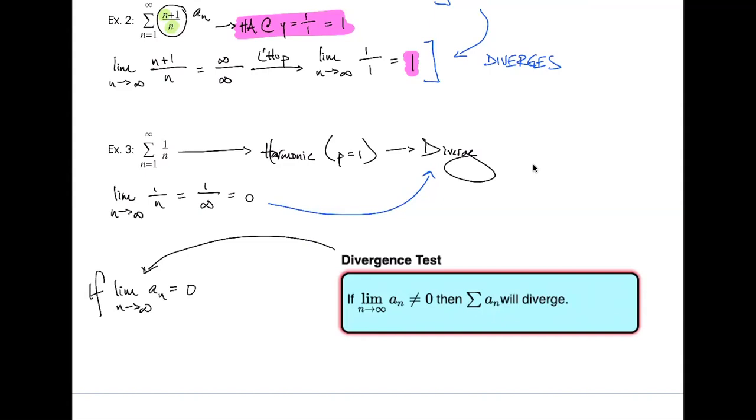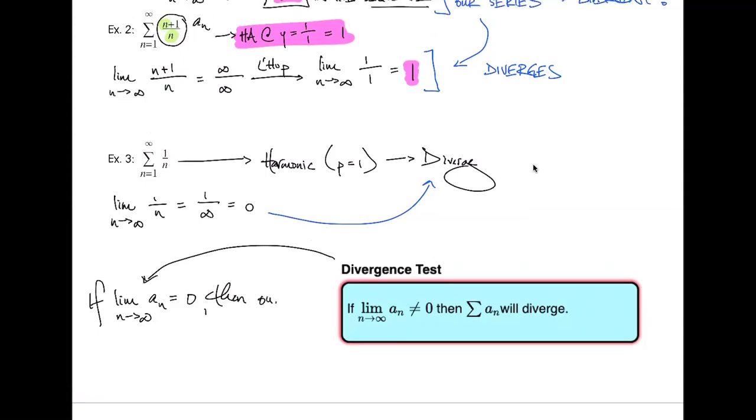We took the limit, we found what the end terms or the end behavior is. If we take that limit and we get 0, then here's the bad news. Our test is inconclusive.